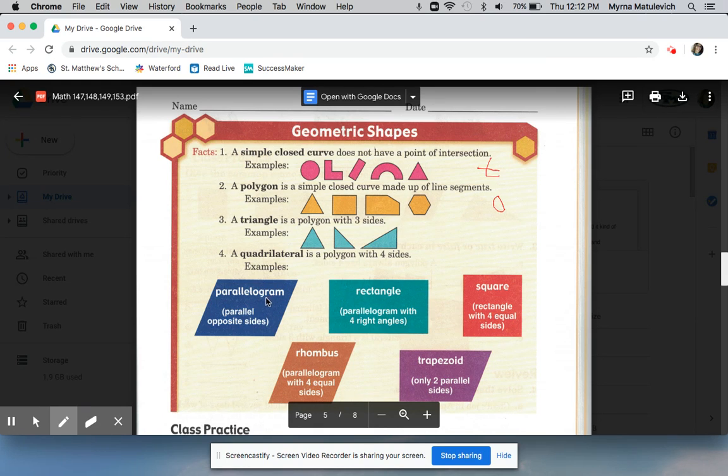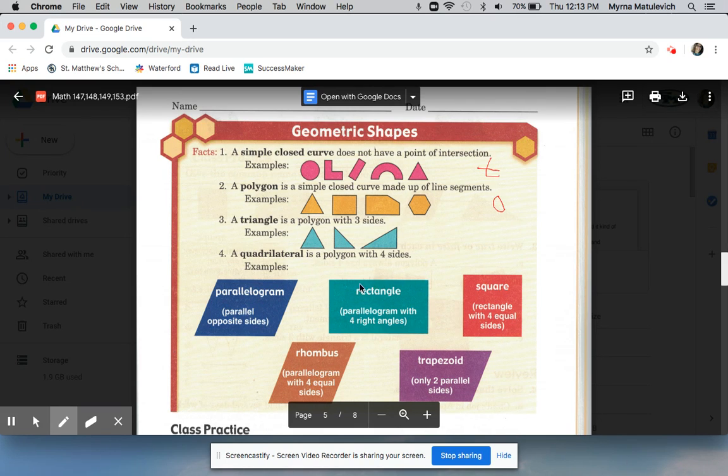A parallelogram has parallel opposite sides. So these two are parallel, meaning if they could go on forever, they would never intersect. And then these opposite sides are parallel to each other. A rectangle is a parallelogram, but it also has 4 right angles. So all of these are 90 degrees. It's like a square, except that with a square, all the sides are equal length.